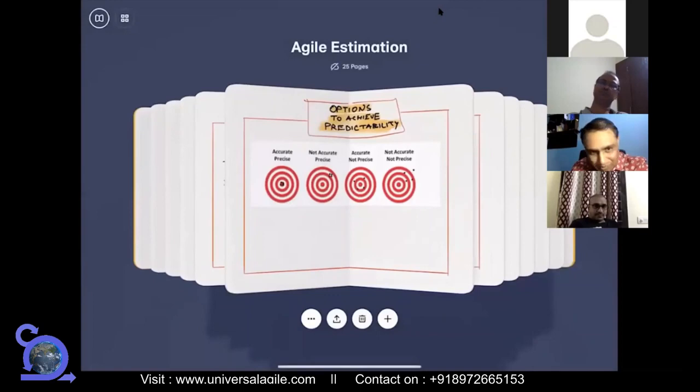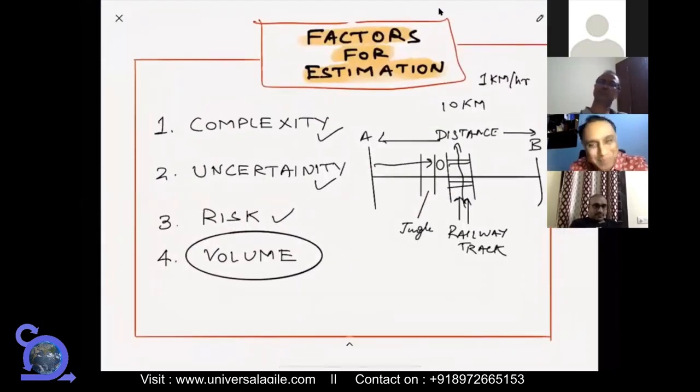Gaurav, one point. Yes, please. May I ask something? I'm always a little confused about this complexity and uncertainty. Can you just maybe give one example? Very good question. Now, see, if it starts to rain, do you think your visibility will go low? You might be still driving, but it will make it a little complex for you to drive, isn't it?